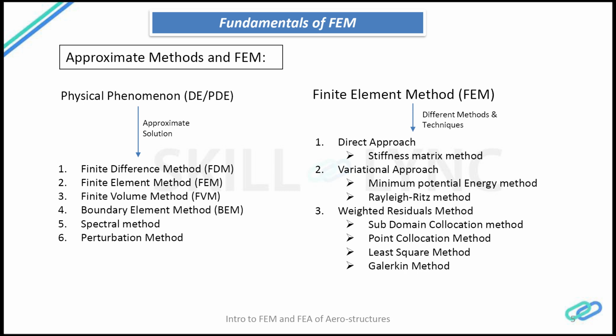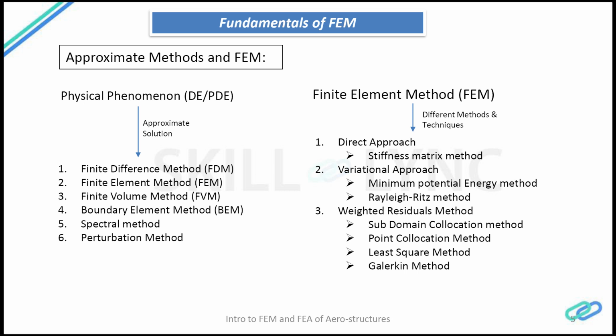Whereas the finite element method is classified into the direct approach, which is the stiffness matrix method, the variational approach, and then the weighted residuals method. So these are the three categories of the finite element method.